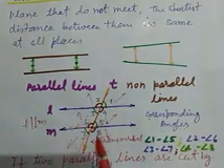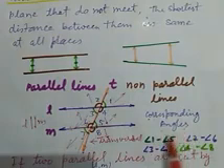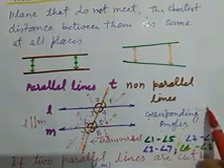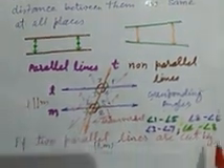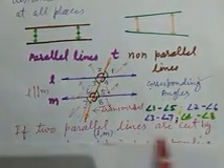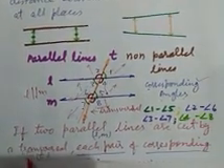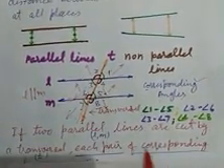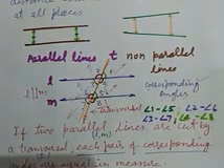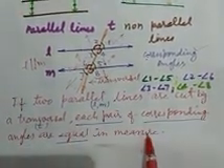These four pairs are pairs of corresponding angles, okay. Then we check: if two parallel lines are cut by a transversal, each pair of corresponding angles is equal in measure. Why?